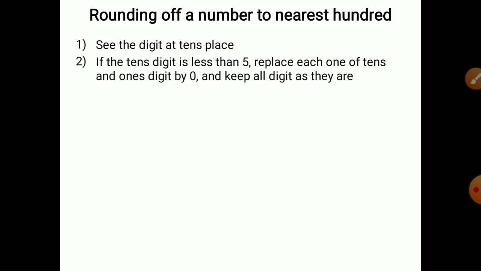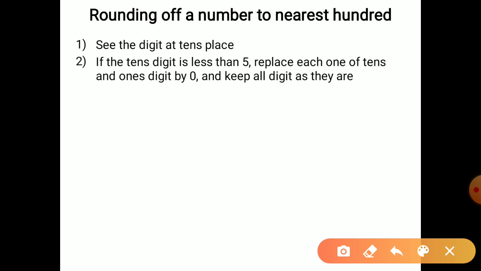If the tens digit is less than 5, we will make the tens digit 0 and the unit digit 0, and we will write the digit at the hundreds place as it is. Or you can say, if the tens digit is less than 5, on the right hand side we will make all the digits 0, and on the left side we will write the digits as they are.